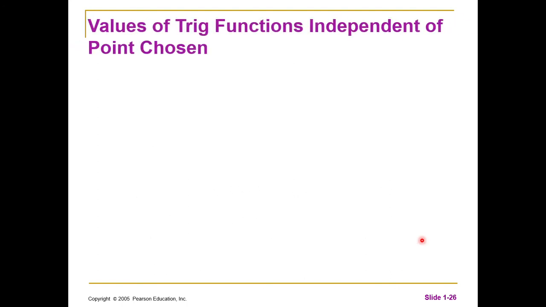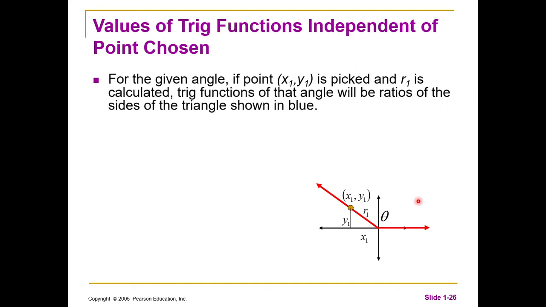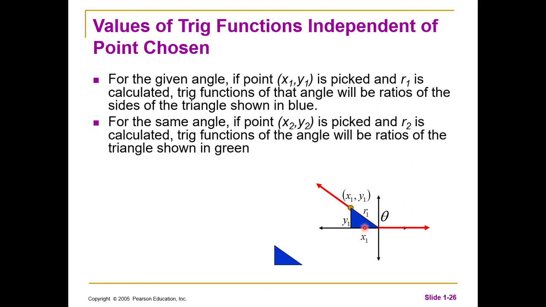So the values of trigonometric functions are independent of the point chosen. For the given angle, if point x1, y1 is picked and r1 is calculated, the trigonometric functions of that angle will be ratios of the sides of the triangle shown in blue. For the same angle, if point x2, y2 is picked and r2 is calculated, the trigonometric functions of the angle will be ratios of the sides of the triangle shown in green.